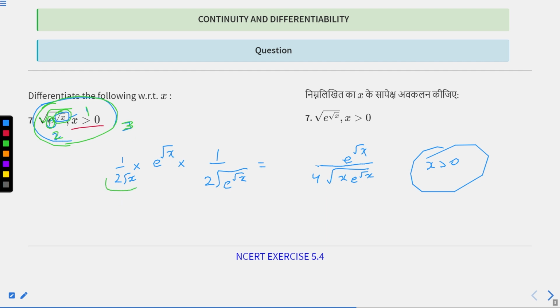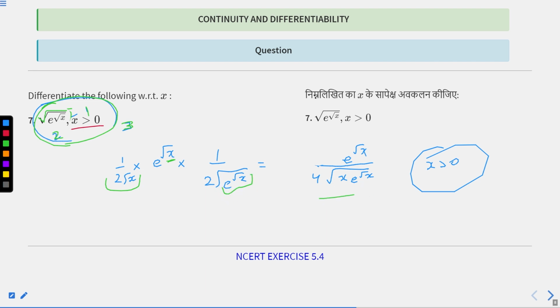For the first, you all know the derivative of root x is 1 by 2 root x, multiplied with the second, which is e, whose derivative is e to the power of whatever is inside, which is root x, and multiplied with the root. As we just saw, the root derivative is 1 by 2 root of whatever is inside, as you can see, e power root x.